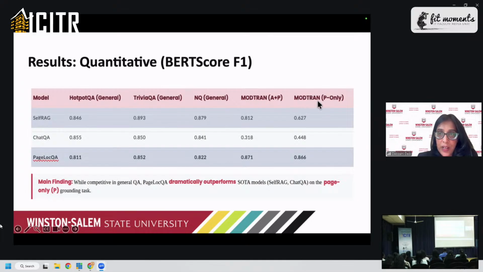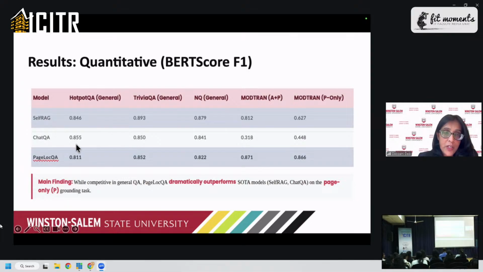We also did a separate study where we only used the Motren manual or technical documents, but we only asked the question based on the page, like which page it is coming from. Along with those two, we also used some popular general purpose question answer FAQ kind of databases. One is called HotpotQA and another one is called TriviaQA. So we also executed our system on those along with comparing them with those models as well.